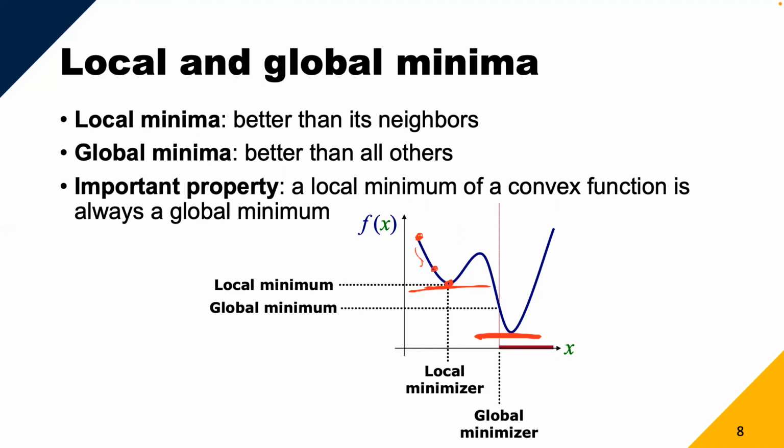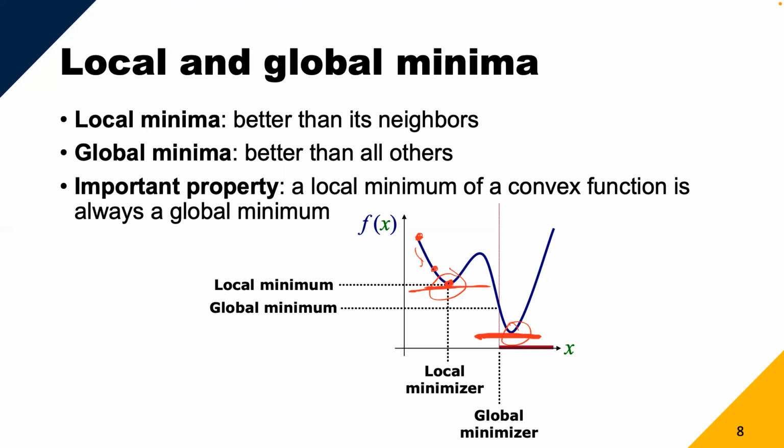And in this case, maybe my algorithm would stop here. But we can also see that that wouldn't be the right answer, because there's actually another minimum. This point here is known as a local minimum, and this point here would be the global minimum, which is lower.